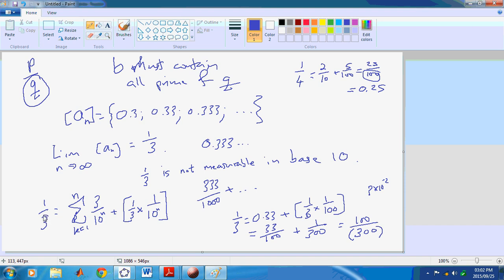Well, it's clearly evident that 3 is not a prime factor of 10. Therefore, 1/3 cannot be measurable in base 10, and there is no equivalent fraction. And of course, this here is nonsense. I'll tell you who came up with this initially.